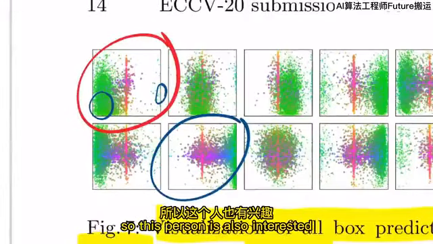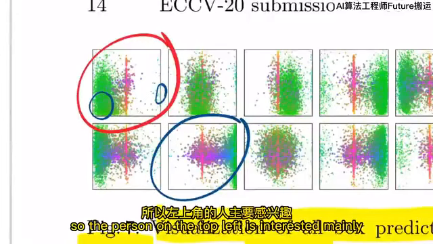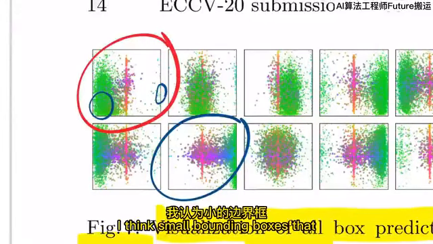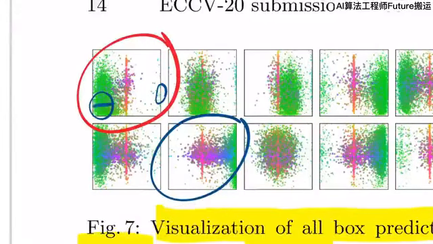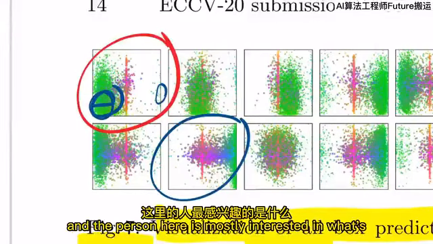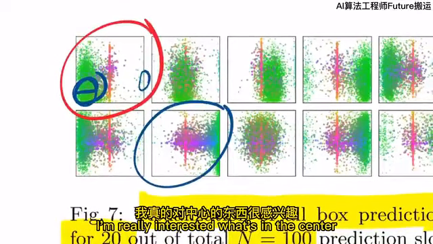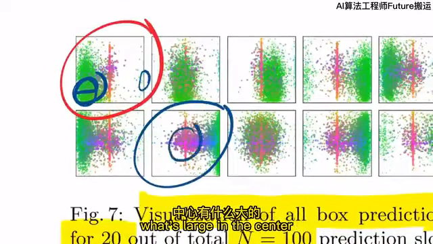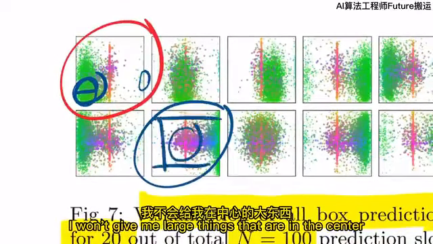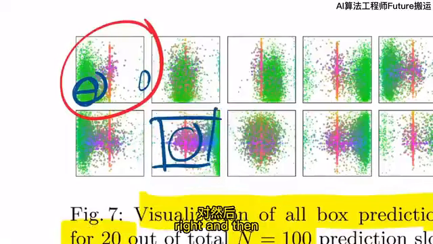So the person on the top left is interested mainly in, I think, small bounding boxes that are on the bottom left. And the person here is mostly interested in what's in the center, what's large in the center. I want, give me large things that are in the center, right?